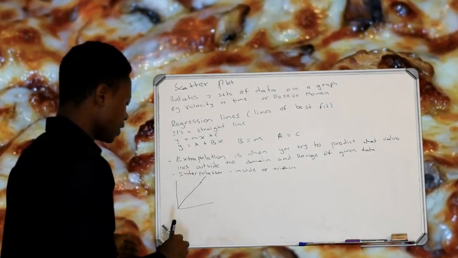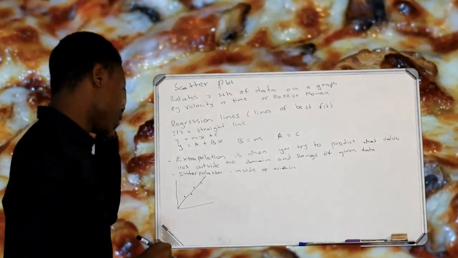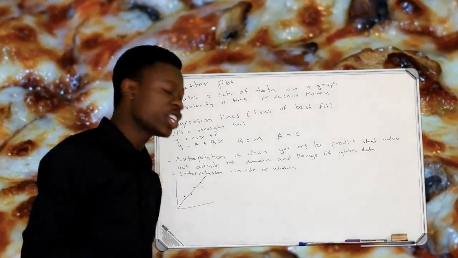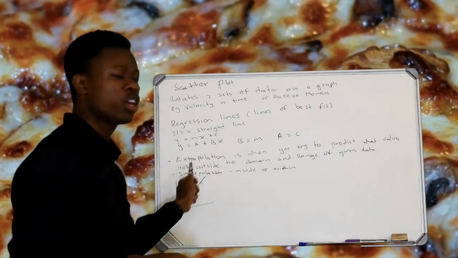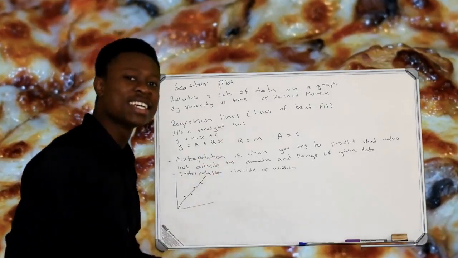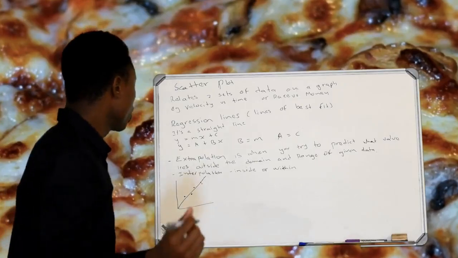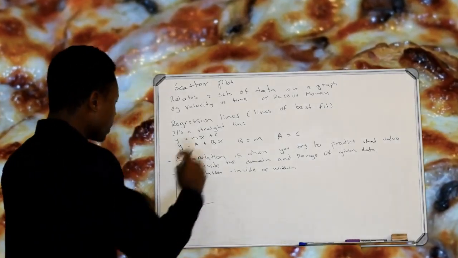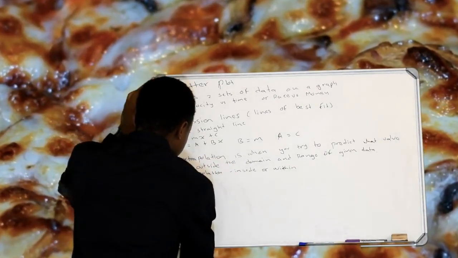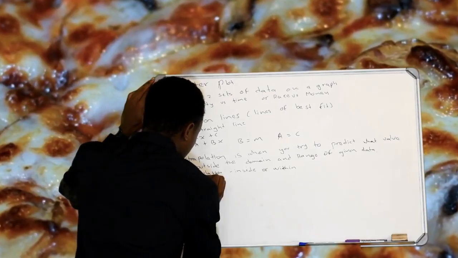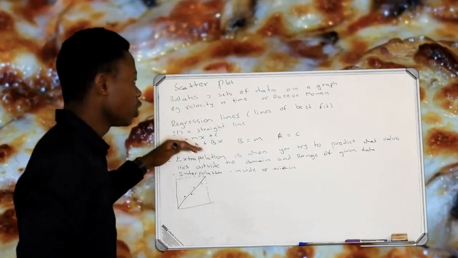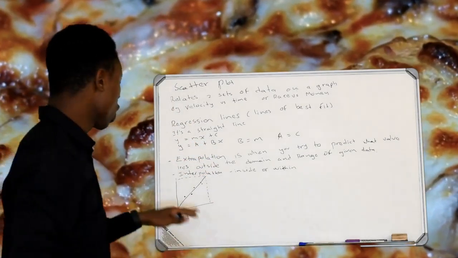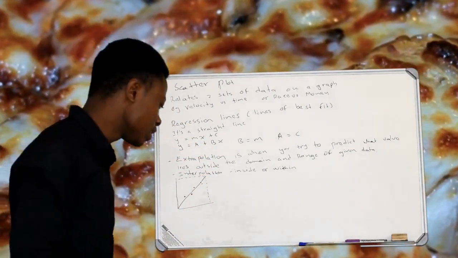So that's my data set, and that's my line of best fit, my regression line. Now it says determine extrapolate. If we are extrapolating, we are looking at all the points that lie outside your data range. That is not within your data range, as you can see.